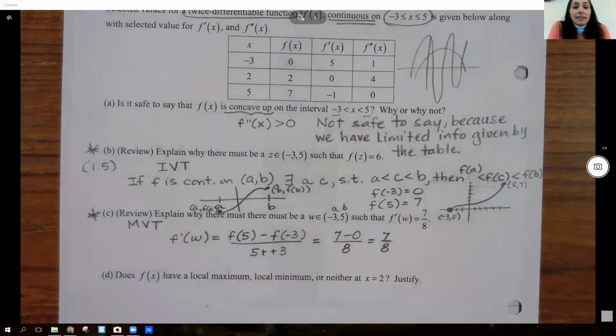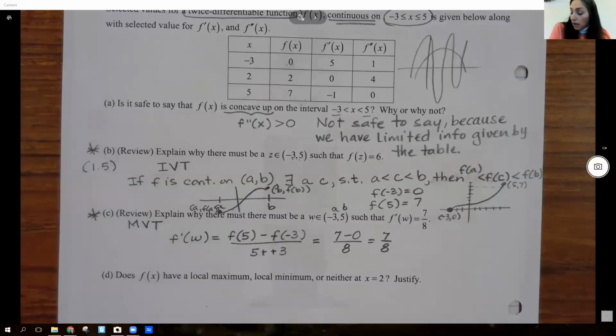So that means that at some point, the slope of the tangent line at W is going to equal the average slope over the course from -3 to 5. So the slope of the tangent line will equal the slope of the secant line if I were to connect the points at -3 and 5. That's all you have to do with that one. Okay.